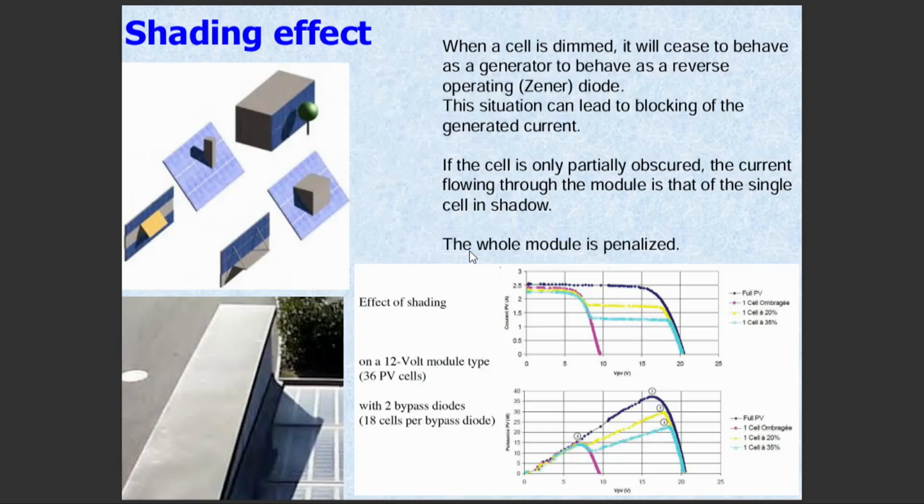Okay, so of course the quality of the inverter is to be able to identify this maximum power as soon as possible. The rapidity to identify this maximum power is very important. Also, the inverter has to be selected in a consistent way compared to the power of the PV central.